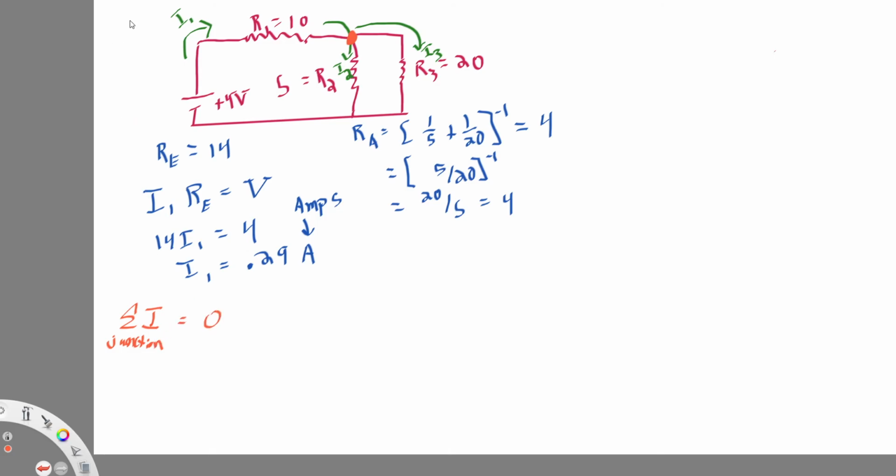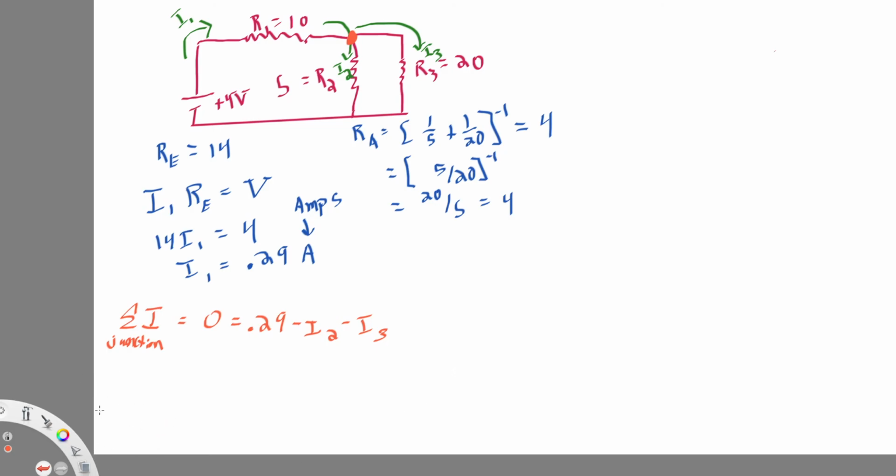So we know how much is coming in, 0.29 amps, and then I2 and I3 are coming out. So if we can find either I2 or I3, this gives us a way to find the other one.